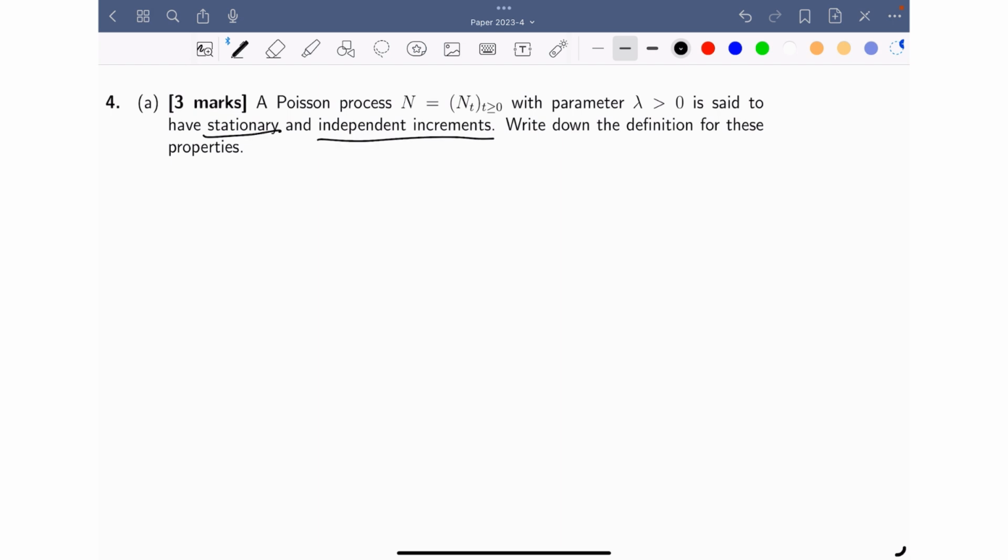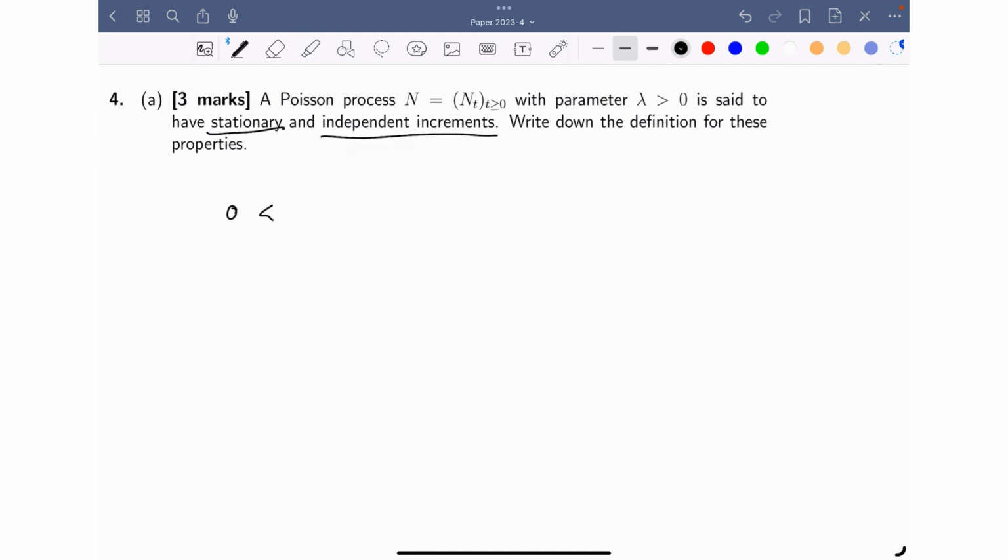and independent increments. This can be found in the notes, so we'll just write down that for any kind of time, t1, t2, and the reason that this is less than or equal to is because t1, we could be starting at 0 rather than some other time, all the way up to tn.